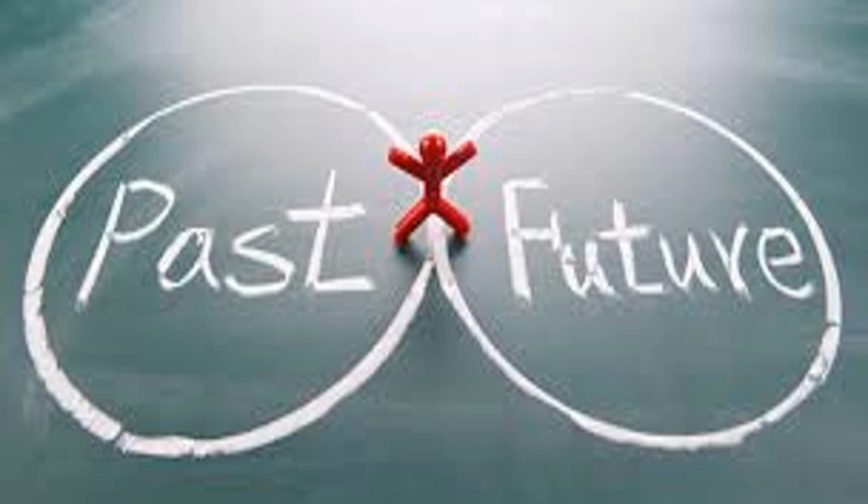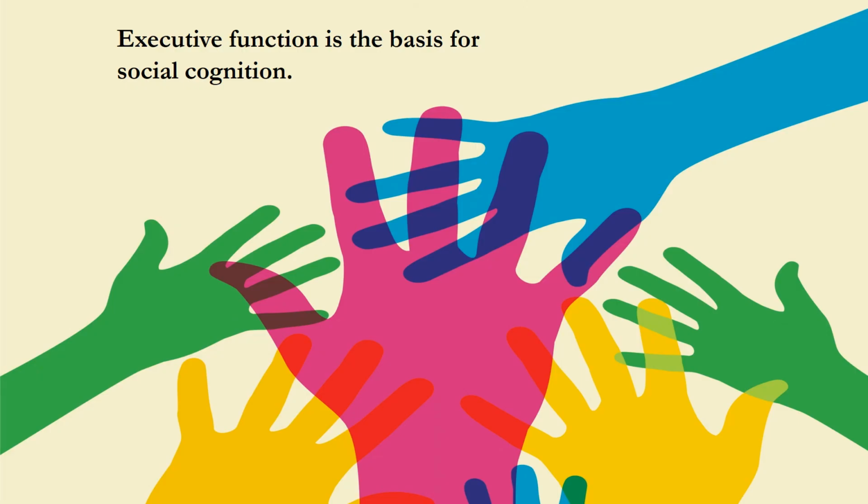Through our executive function, we plan the steps to reach goals that we have envisioned in the present. It's also the basis for social cognition. For you to attend this training, you had to use a large amount of executive function. So first of all, you had to initiate getting yourself to your computer.